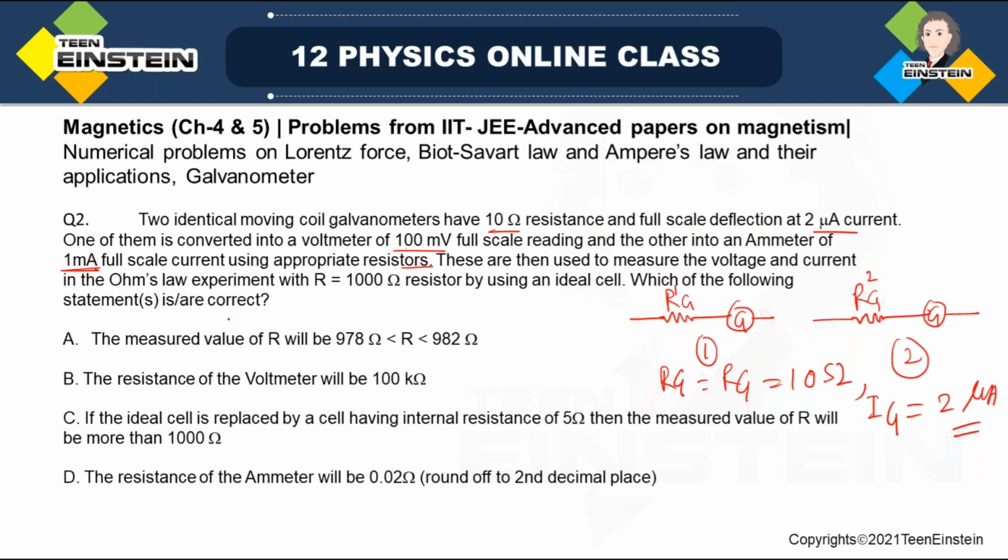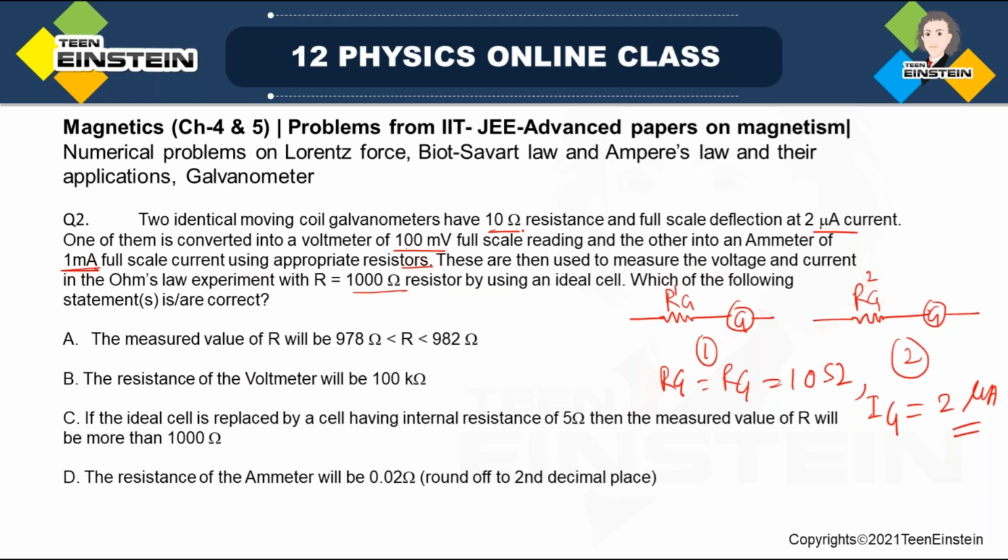Okay, they are used to measure the voltage and current in Ohm's law experiment with an external resistance, how much? 1000 ohm resistor using an ideal cell. Which of the following statements is or are correct? That means there may be multiple correct answers.